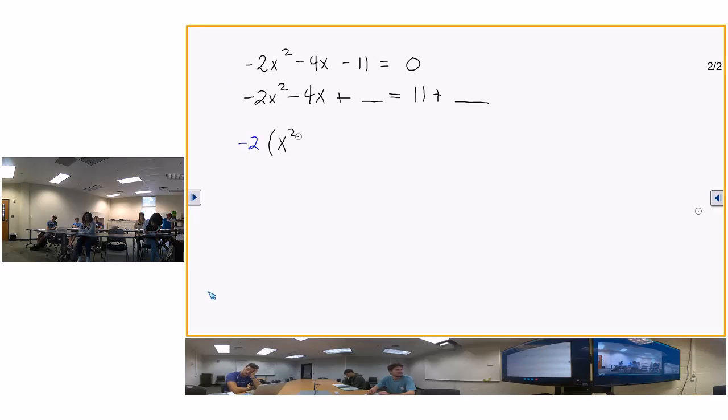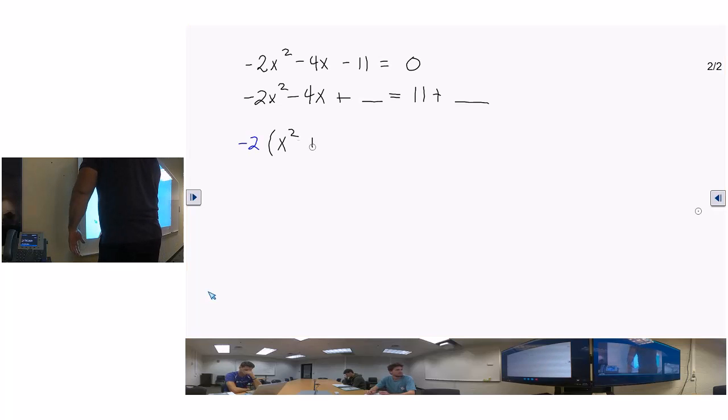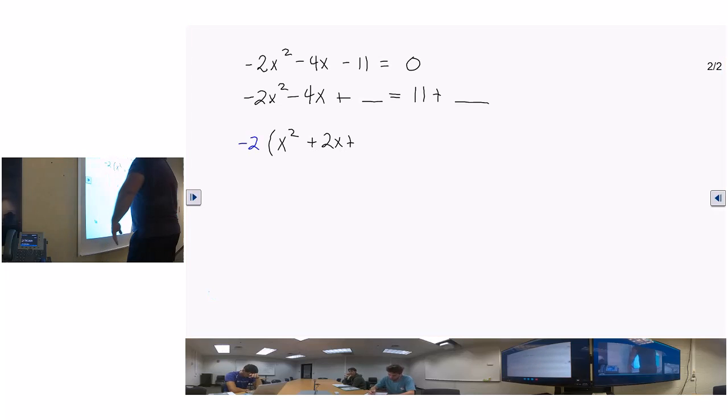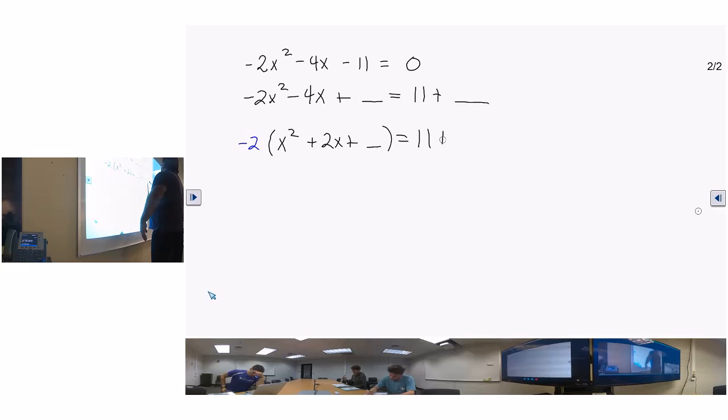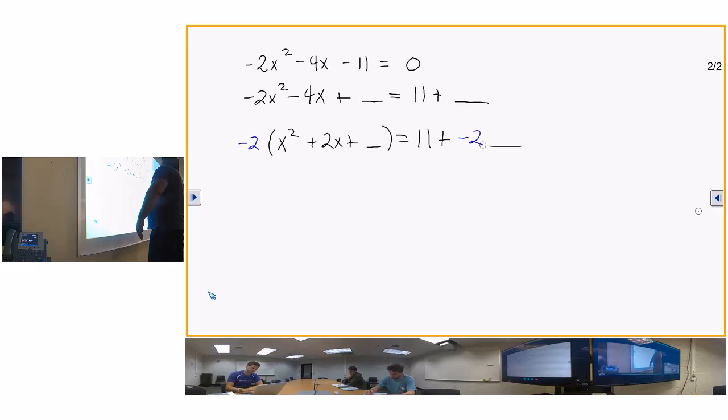All right. What's -4x divided by -2? Let's do it. And I've got to multiply that -2 times that blank.